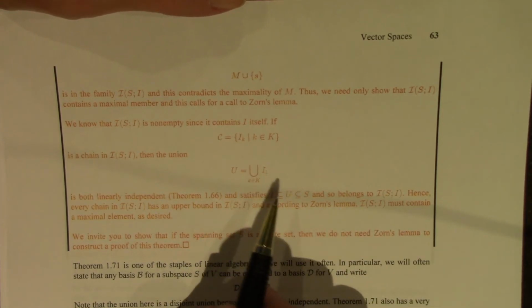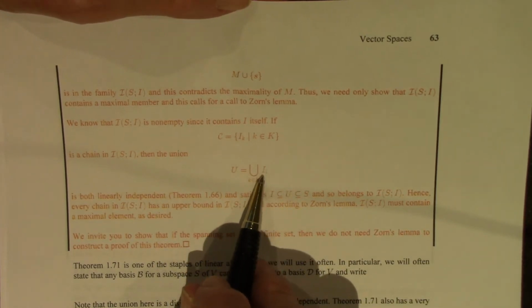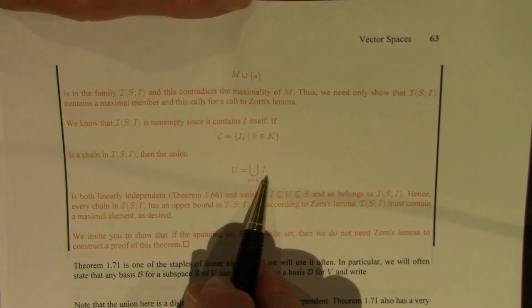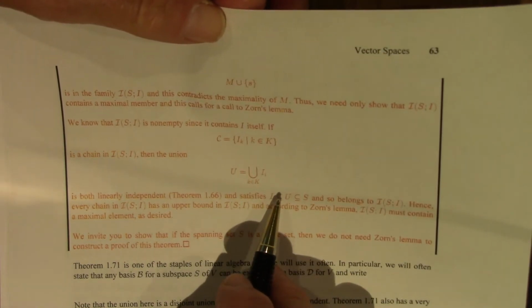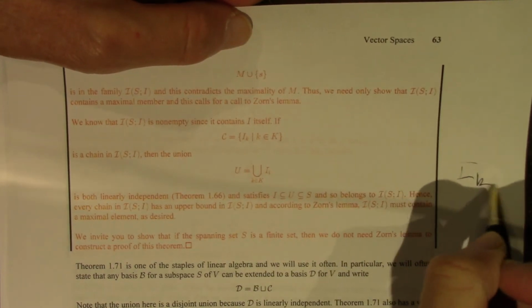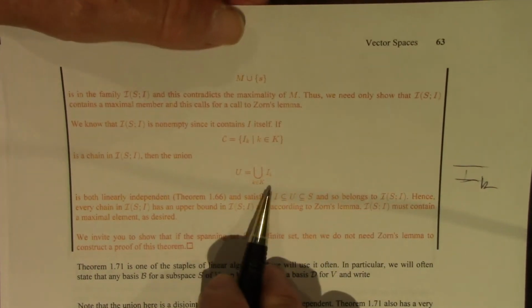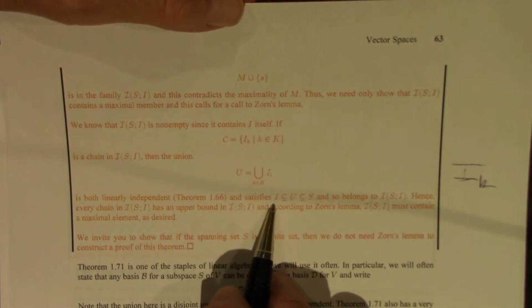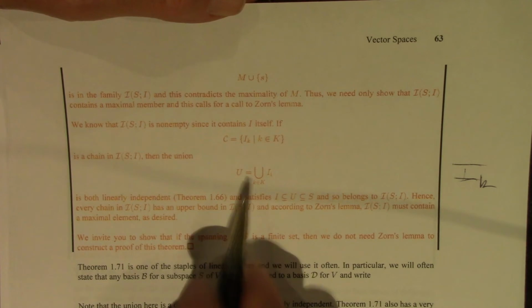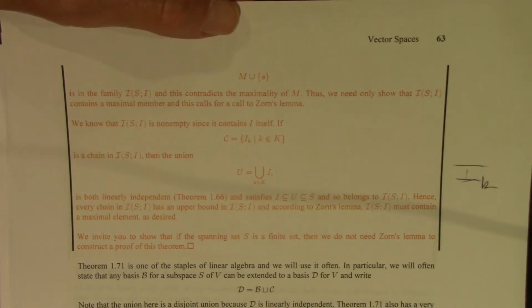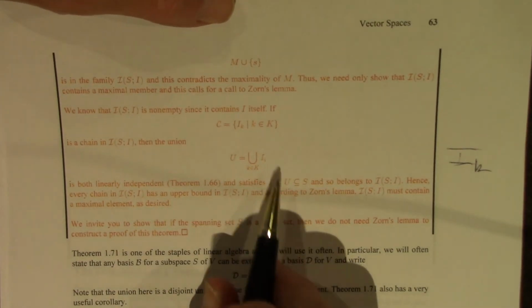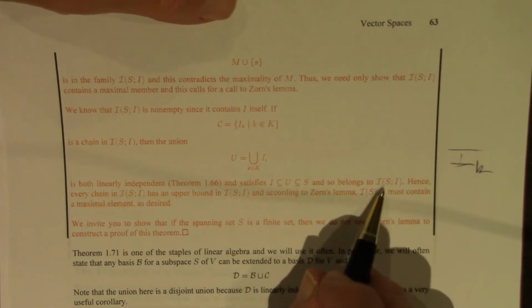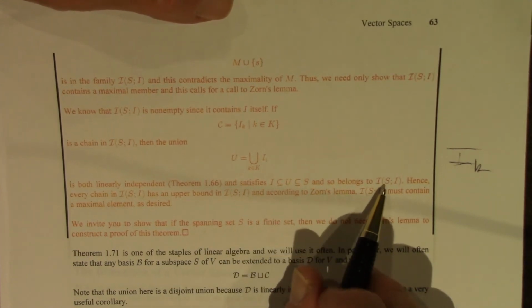And every one of these I sub k's lies between I and S, so does the union. So it's linearly independent and lies between I and S, so it belongs to our family here.